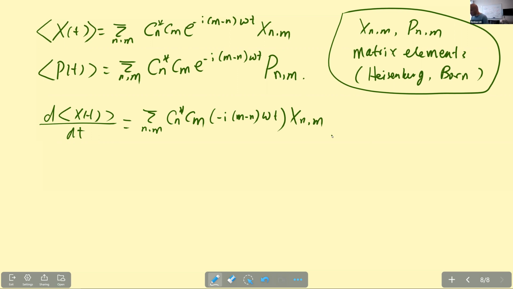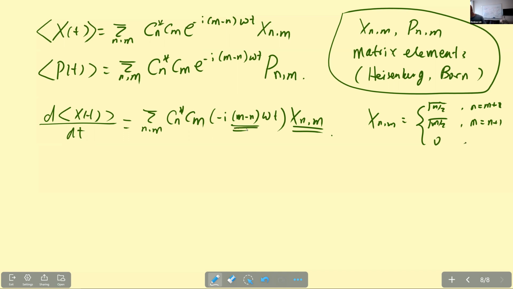And remember x_nm equals the square root of m over 2 if n equals m plus 1, or the square root of n over 2 if n equals m minus 1. Otherwise, just 0.